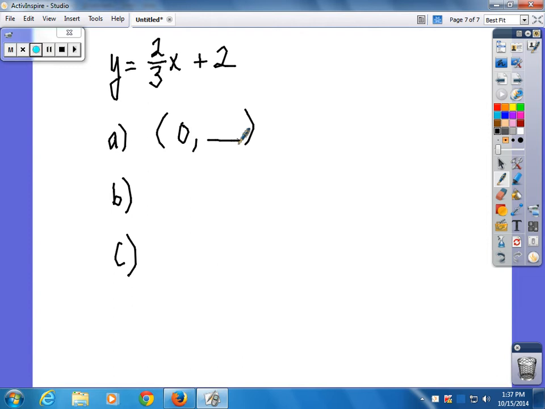I'm going to highlight it yellow. And there is my B, which I'm going to put right here. So that's that.